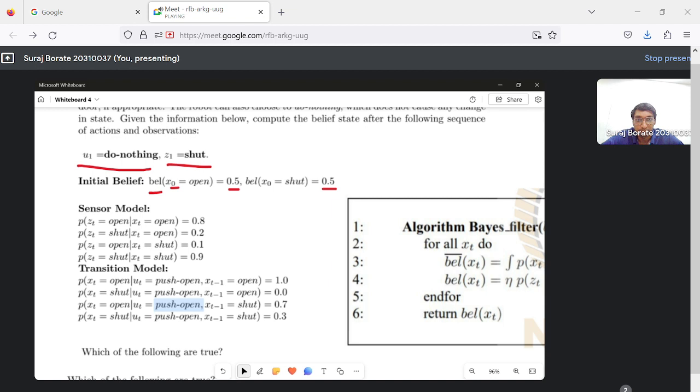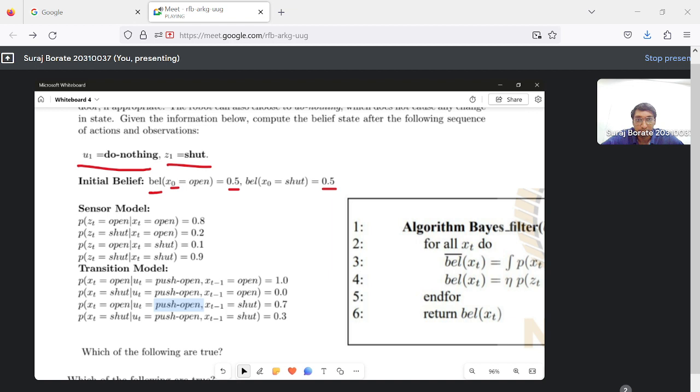And this is called the prediction step. We are not using any sensor measurement here, so you can see there is no z. We are just predicting what is going to happen next based on the transition probability. This is the transition probabilities, right?